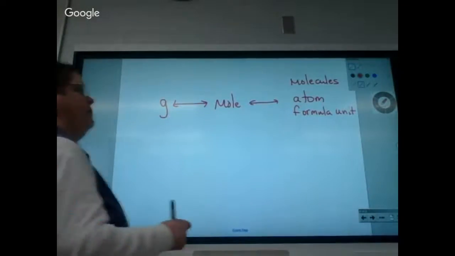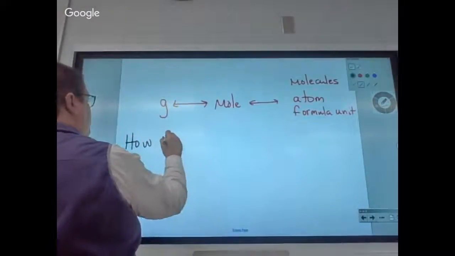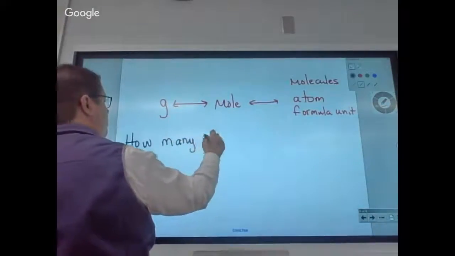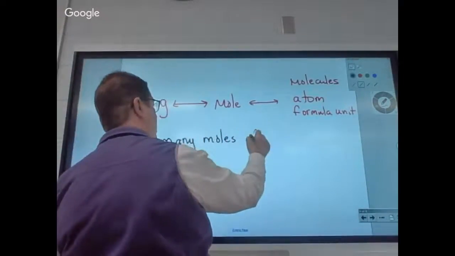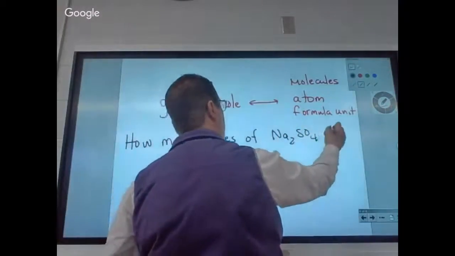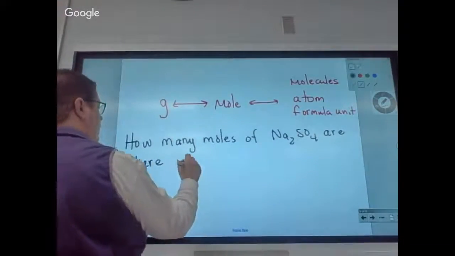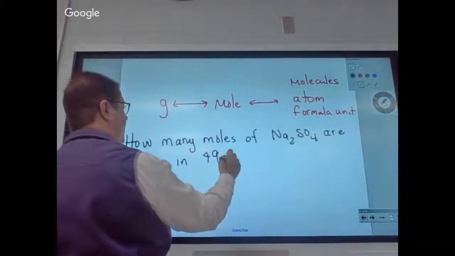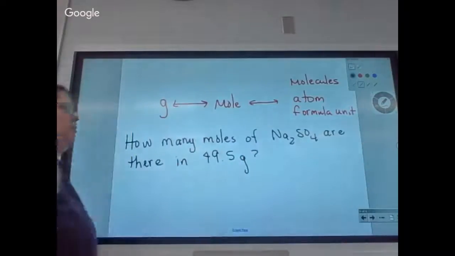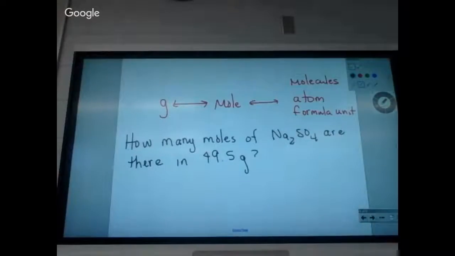So if I say, how many moles of Na2SO4 are there in 49.5 grams, the question should look just like last week's question, except that it's a compound, and last week it was an element.